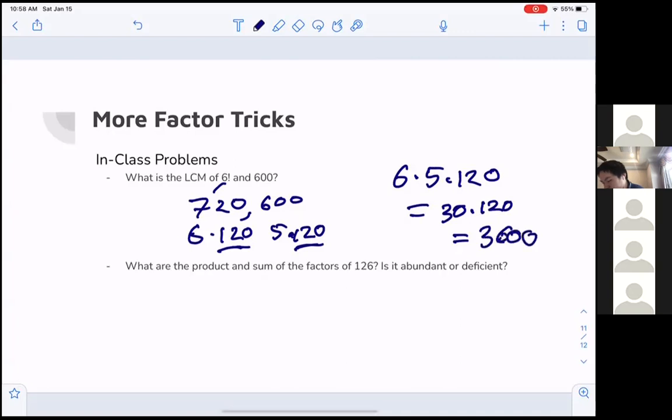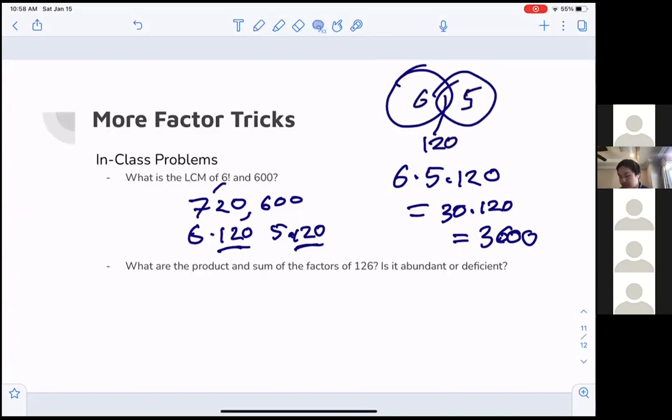What I did here is actually closer to the Venn diagram method. If you draw the diagram, sorry, this is too small, 120 would go here, 6 here, and 5 there, making it clear that the answer is 30 times 120, or 3600.